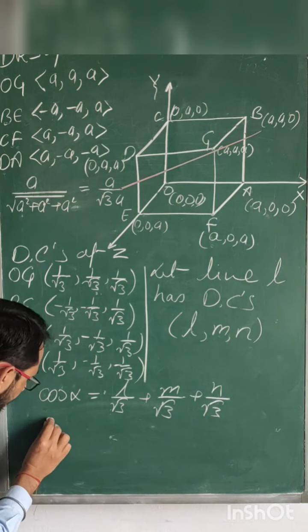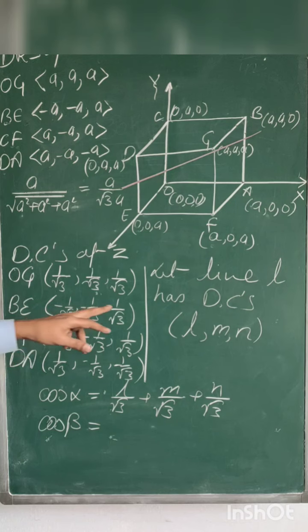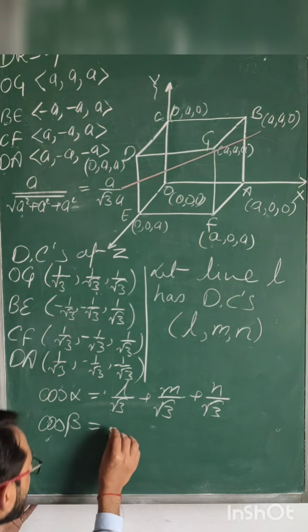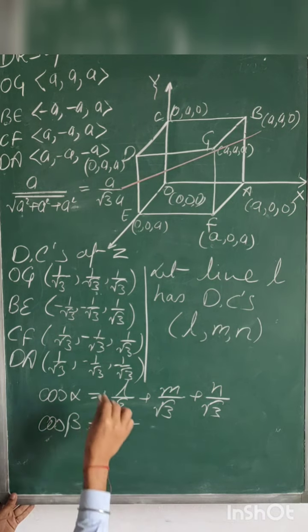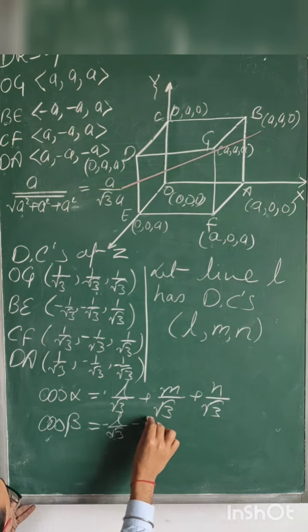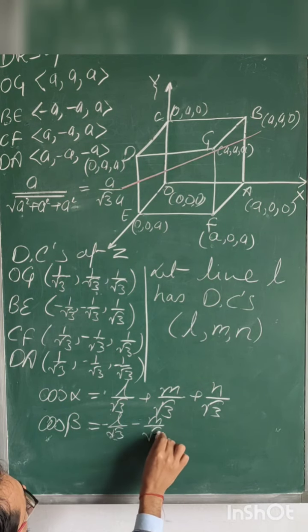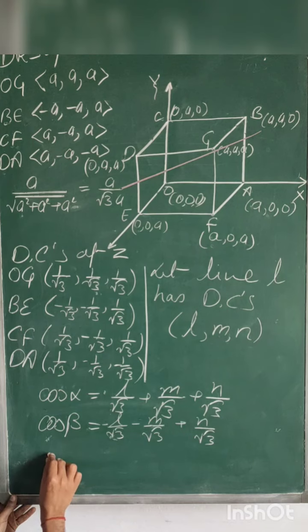Cos beta will become minus l upon root 3 minus m upon root 3 plus n upon root 3.